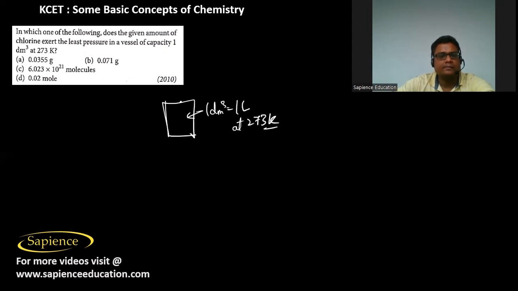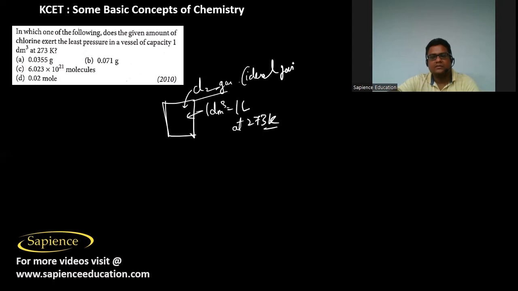So the pressure should be the least for the given amount of chlorine. Here chlorine gas is present, and we have to assume it as an ideal gas only.